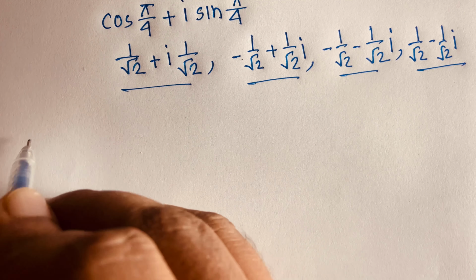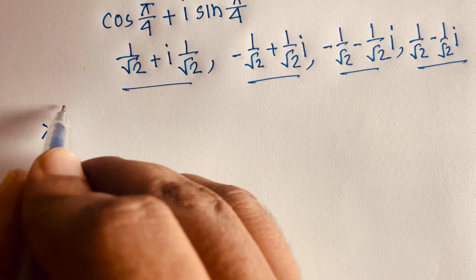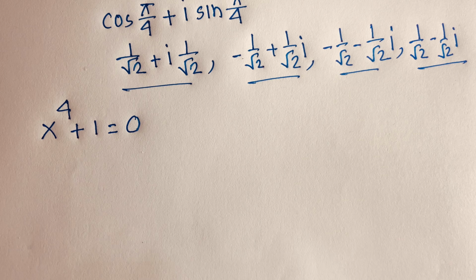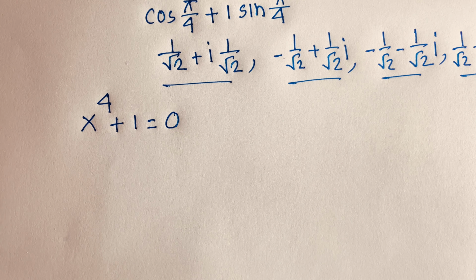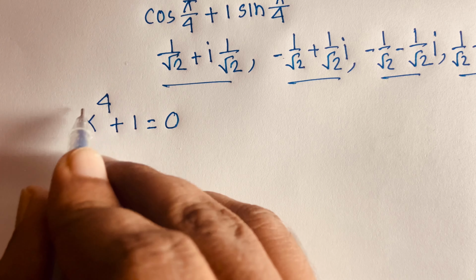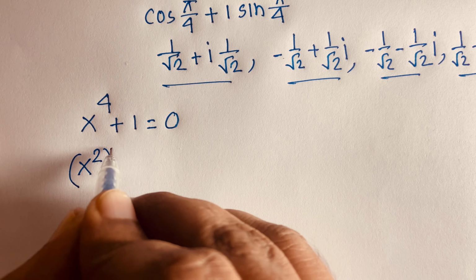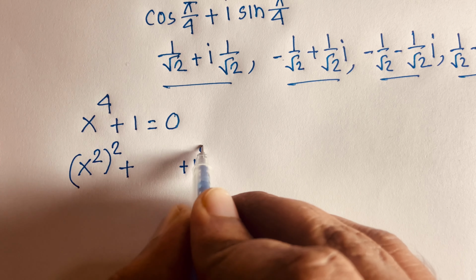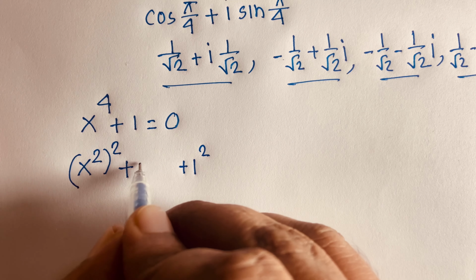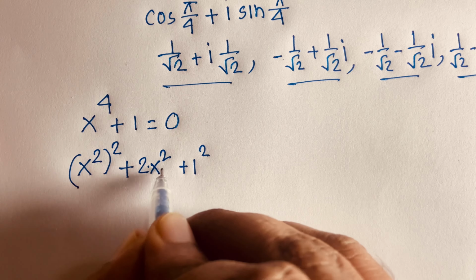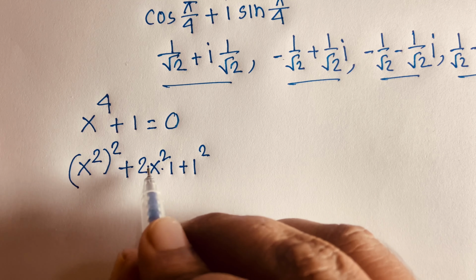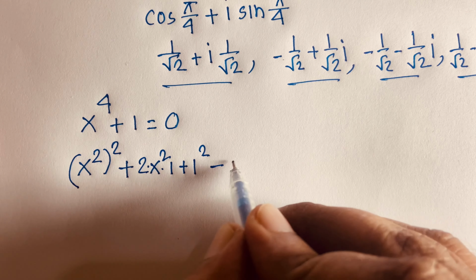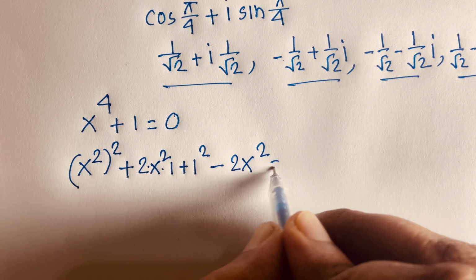Our question is x to the power 4 plus 1 is equal to 0. Then this equation becomes x square and whole square plus 1 square, so I add 2x square times 1, and 2x square is extra, so I subtract it: minus 2x square is equal to 0.